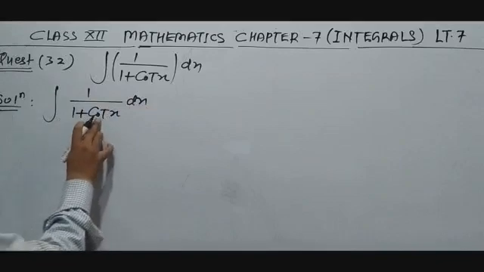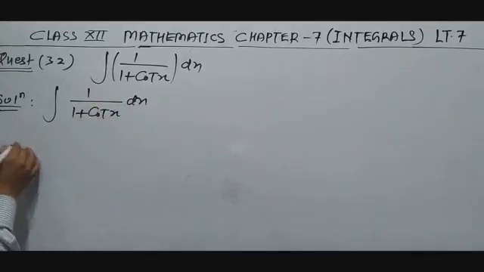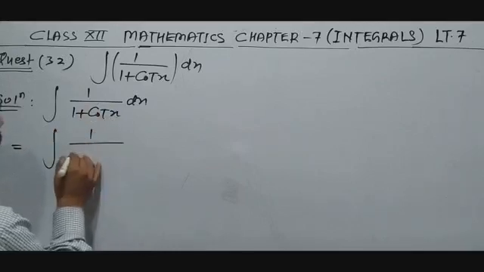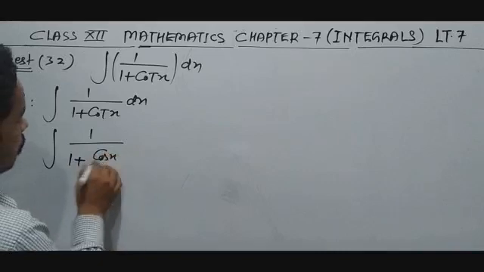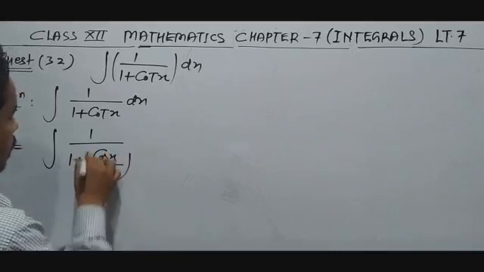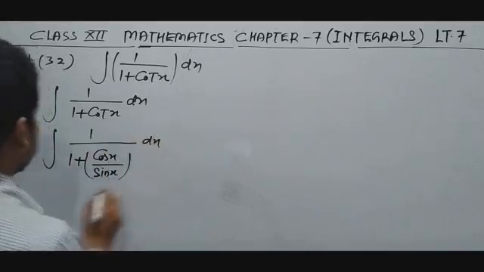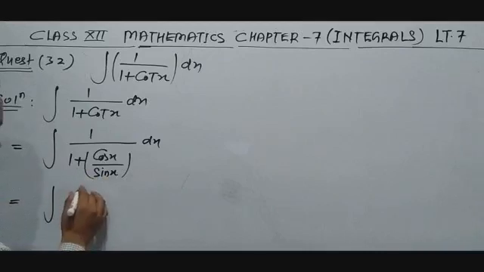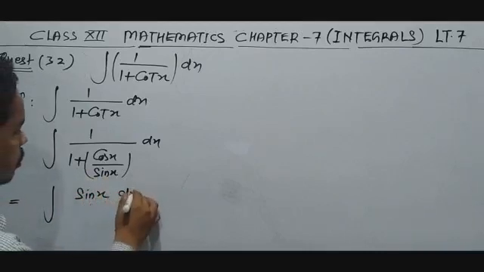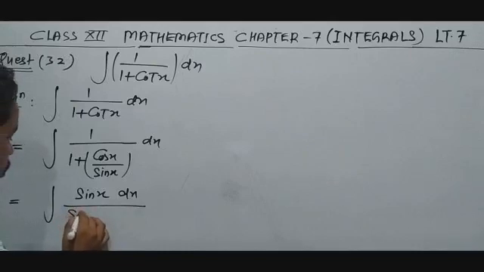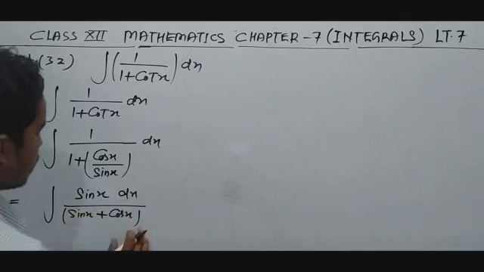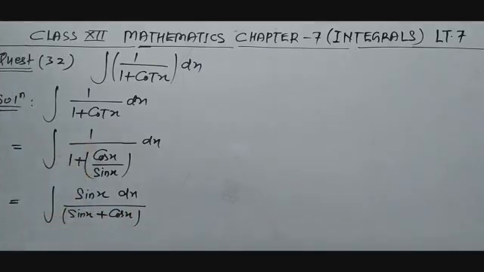Now you have to convert cot in terms of cos and sin, so the result will be integration of 1 upon 1 plus cos x upon sin x dx, and when you take LCM, the result will be sin x dx whole upon sin x plus cos x. After taking LCM and its reciprocal, the result will be sin x dx whole upon sin x plus cos x.